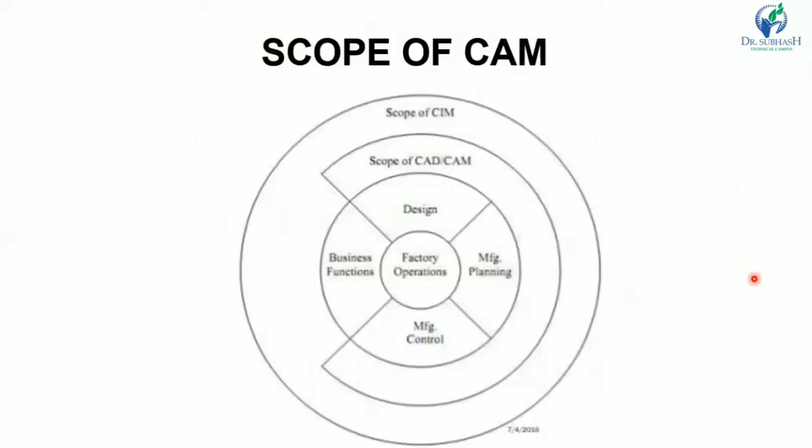Now, the scope of CAM. Here in this circle, you can see in the center is the factory operations and the different departments, that is design, manufacturing planning, manufacturing control, and business functions.